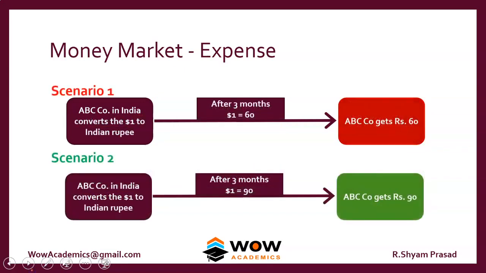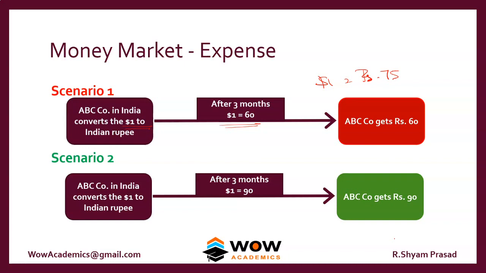We have two scenarios now. In case ABC is getting the $1 after 3 months, when they go for conversion, it is only 60 rupees. The contract was entered thinking they will get 75 rupees per dollar, but now they got only 60 rupees.